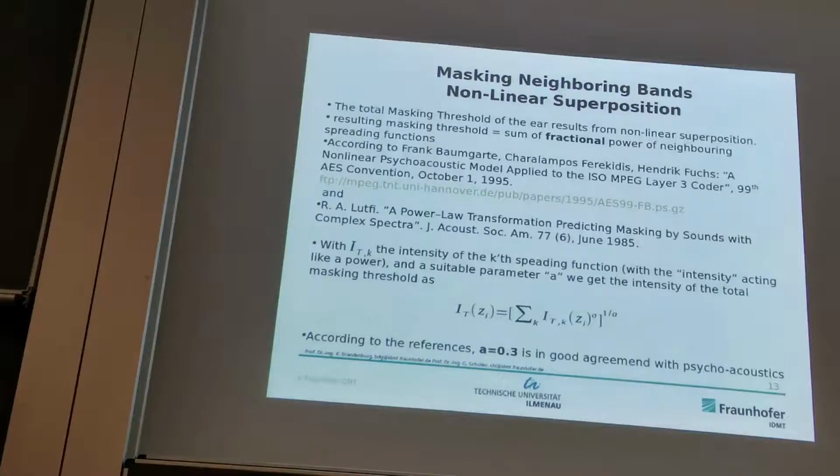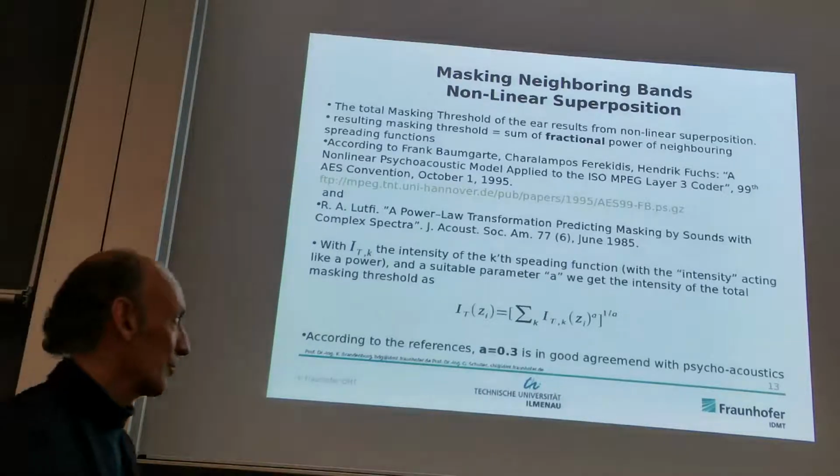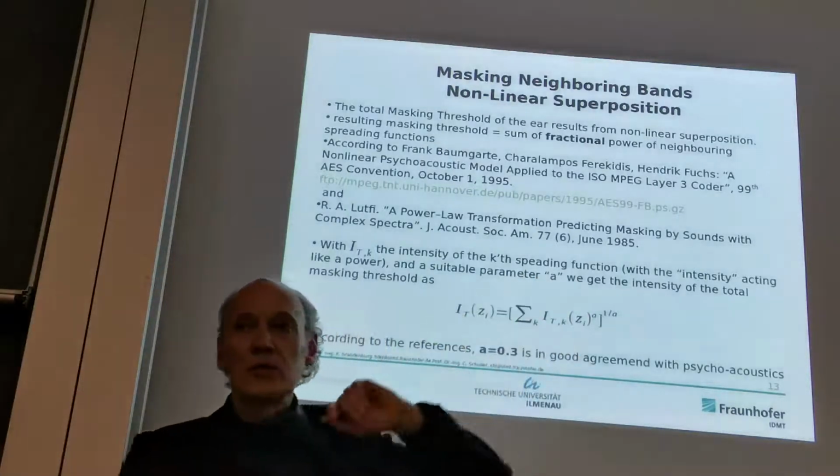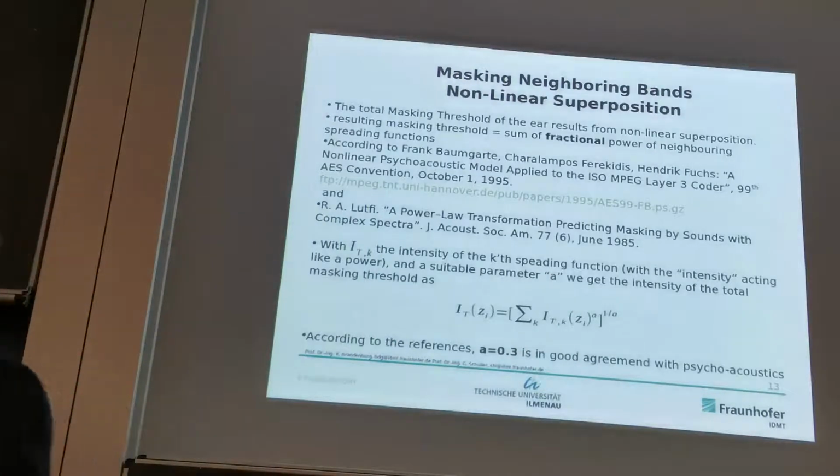So basically we take the sum in a different domain. And this domain is given by this exponentiation. And it turns out this actually works. It's again an approximation of the observation from here. So this formula is not derived, but it's again a fit to the observation.